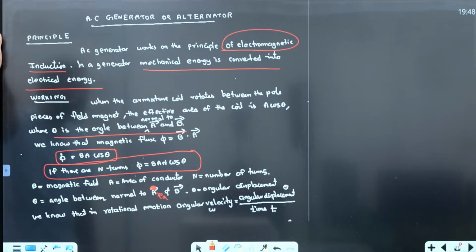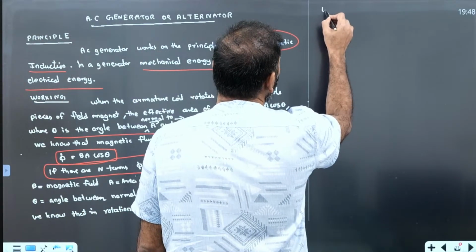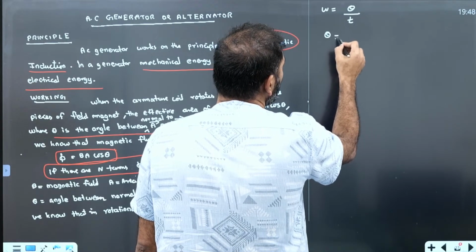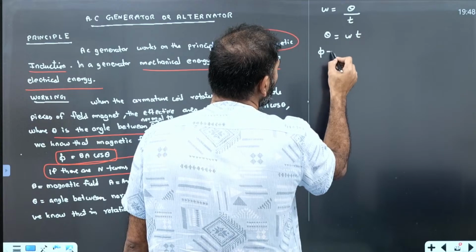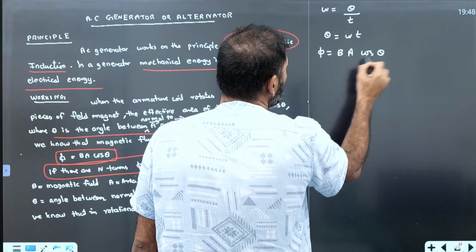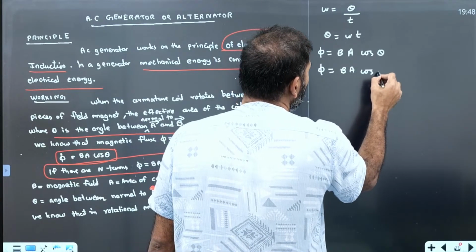We know that in rotational motion, angular velocity omega equals angular displacement by time. So theta equal to what? Omega t. So magnetic flux phi equal to BA cos theta, so phi equal to BA cos omega t.